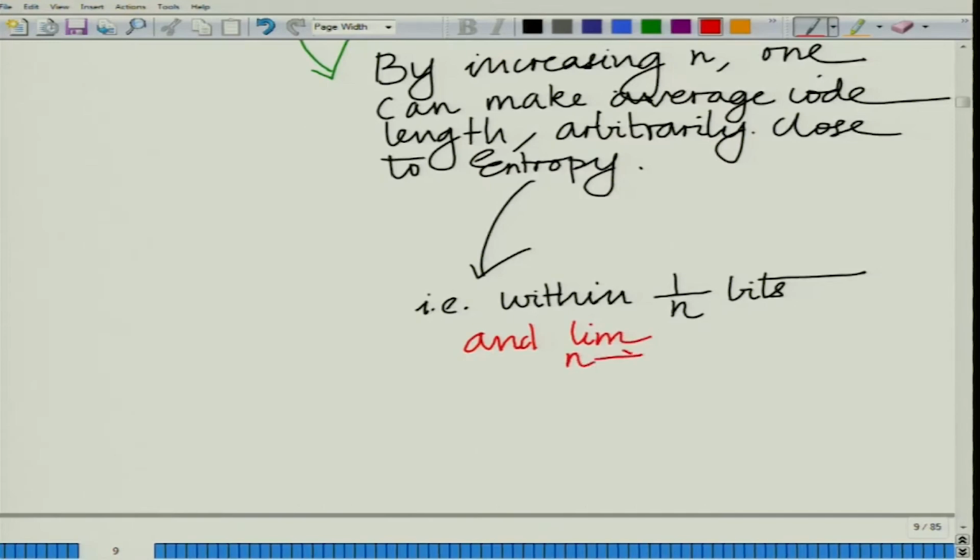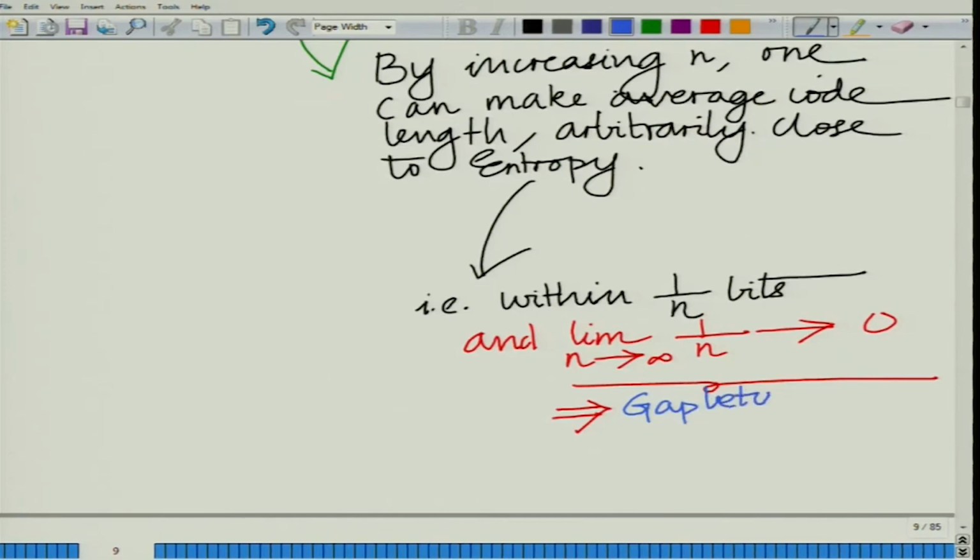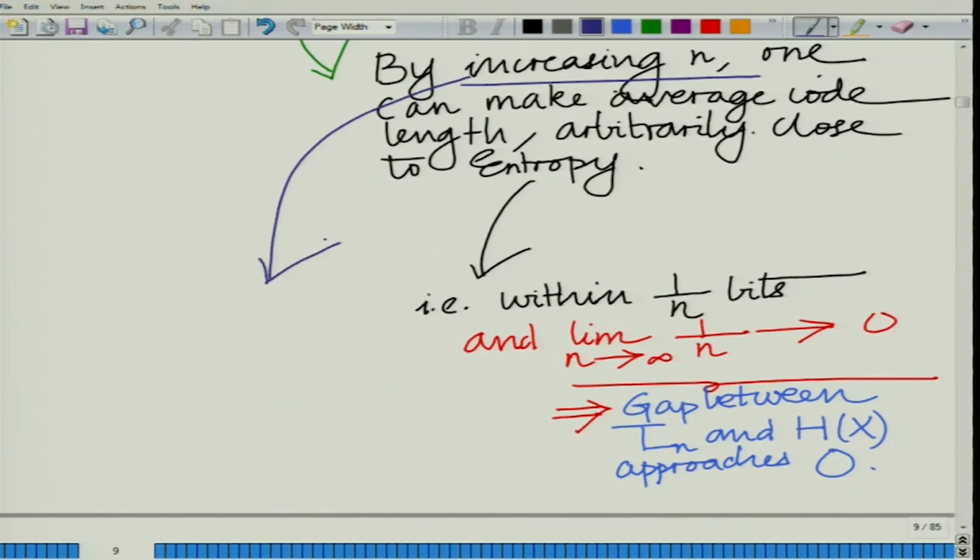And you can see that as n tends to infinity, 1 by n tends to 0, which implies that the gap between the average code length and H(X) approaches 0 for larger and larger blocks.